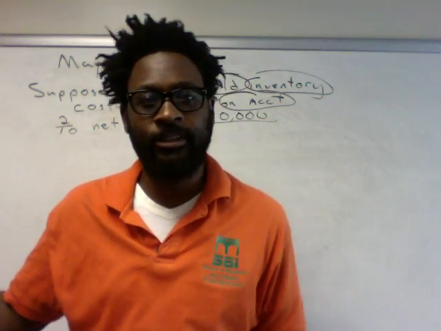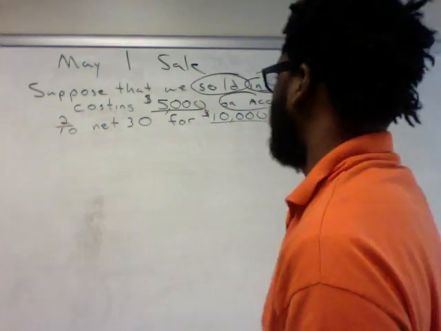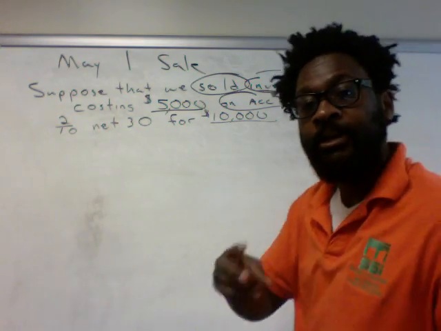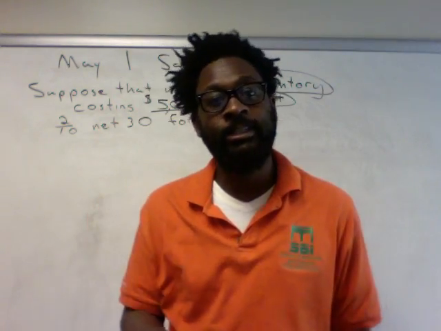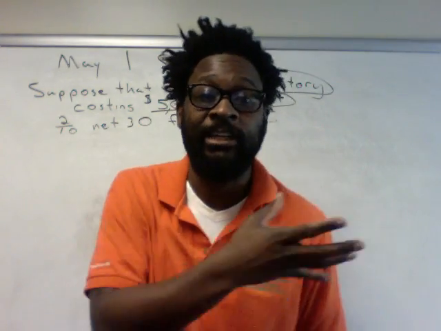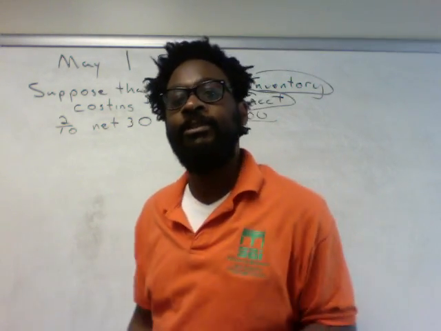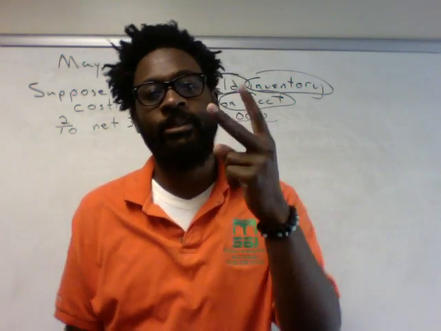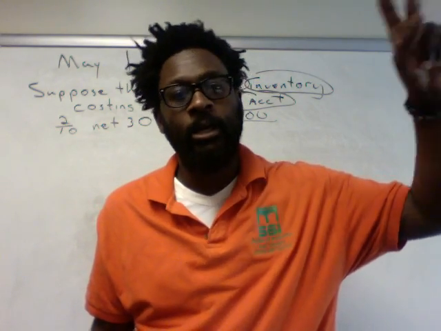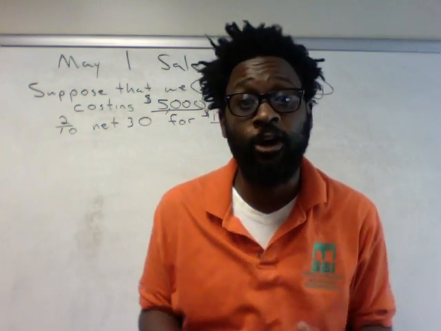One of these prices represents the selling price, the other one represents the cost to the seller, who is us. So we're going to have two separate journal entries for this sale: one to identify the selling price, and the other one to identify the actual cost that we had to pay. So anytime you have a sale, you're always going to have two journal entries. One to account for revenue, for what you sold at the selling price, and the other to account for the inventory that you bought, cost of goods sold, the cost of your goods sold.